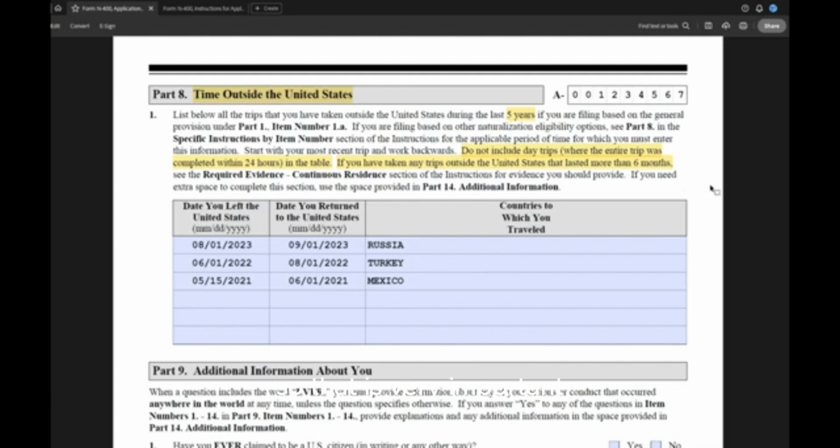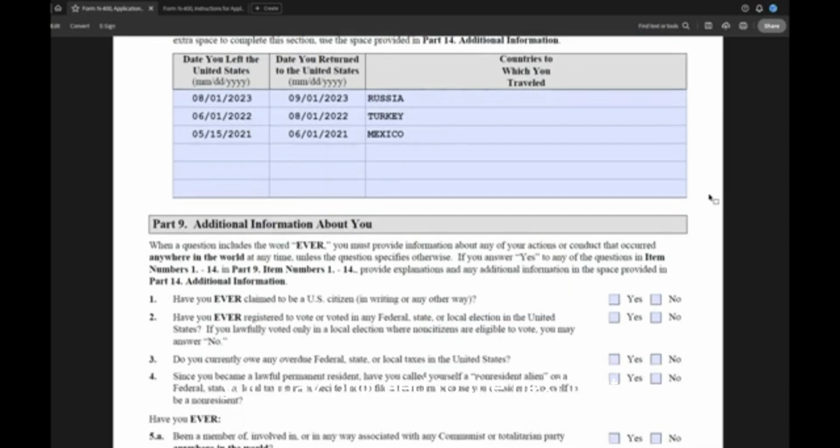So that is very important. That will help you calculate this and ultimately determine your eligibility to naturalize. This is another reason why I like the online application better, is because it helps you make these calculations. So anyway, once you finished filling out your trips outside the United States, you may proceed to the next part.